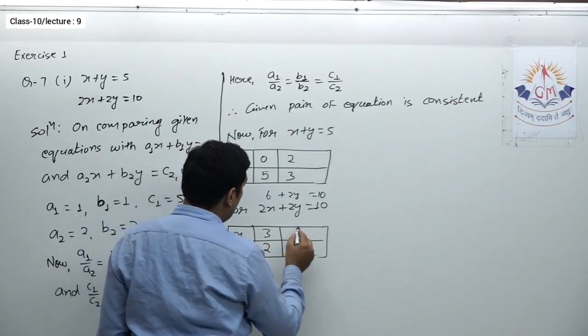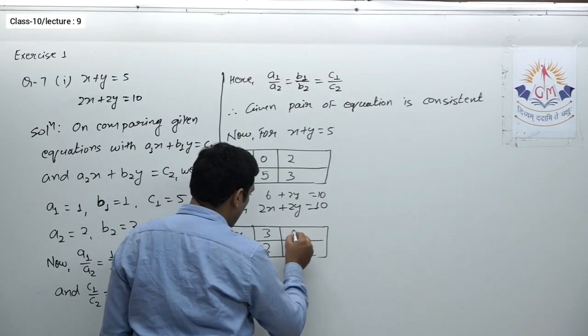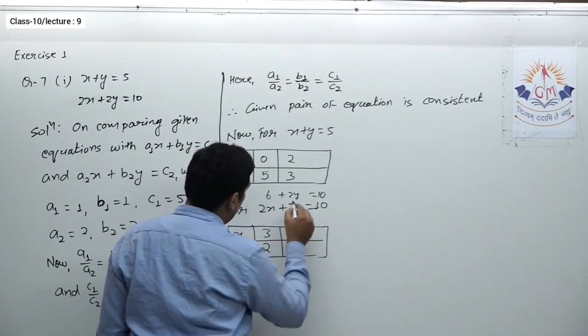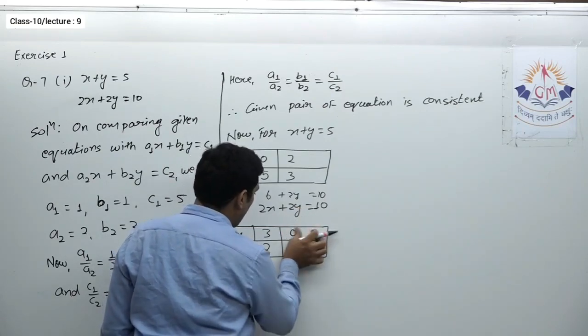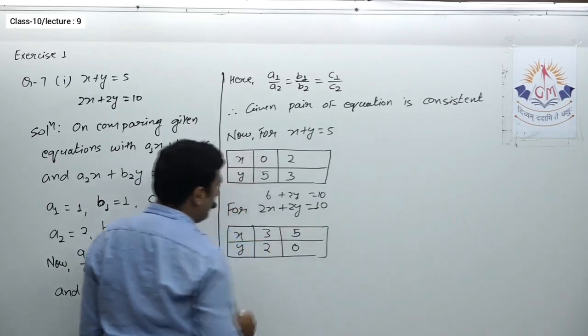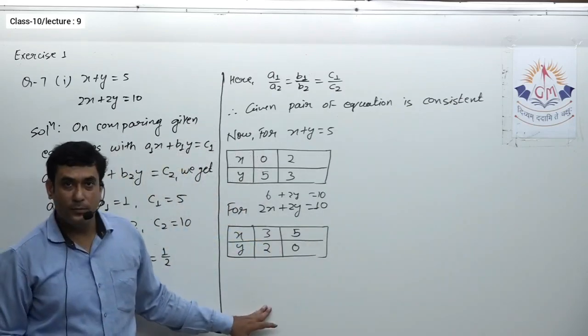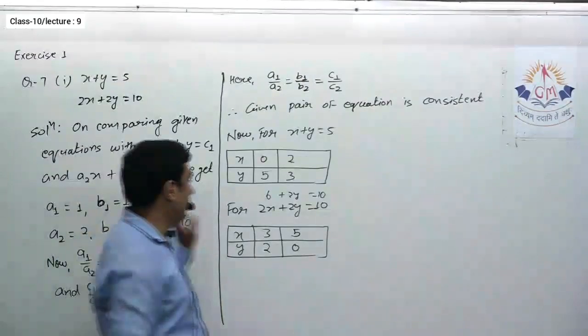If I put y equal to 0, then x is equal to 5. So these are the solutions of the equations.